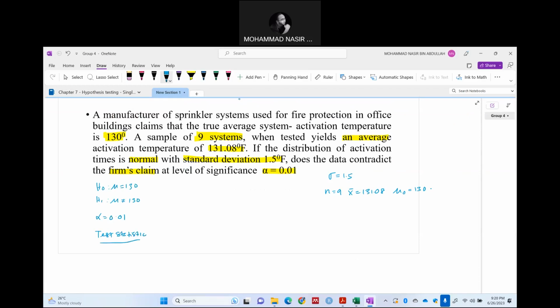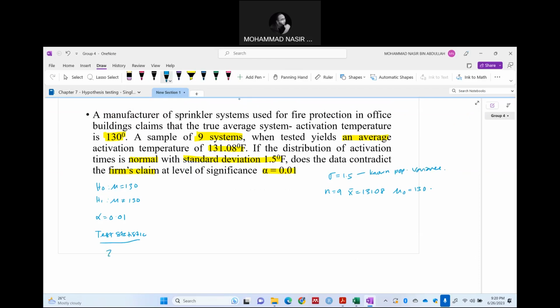Test statistic. This is known variance, right? So this standard deviation is not calculated based on the sample of 9. It's based on the distribution of activation.